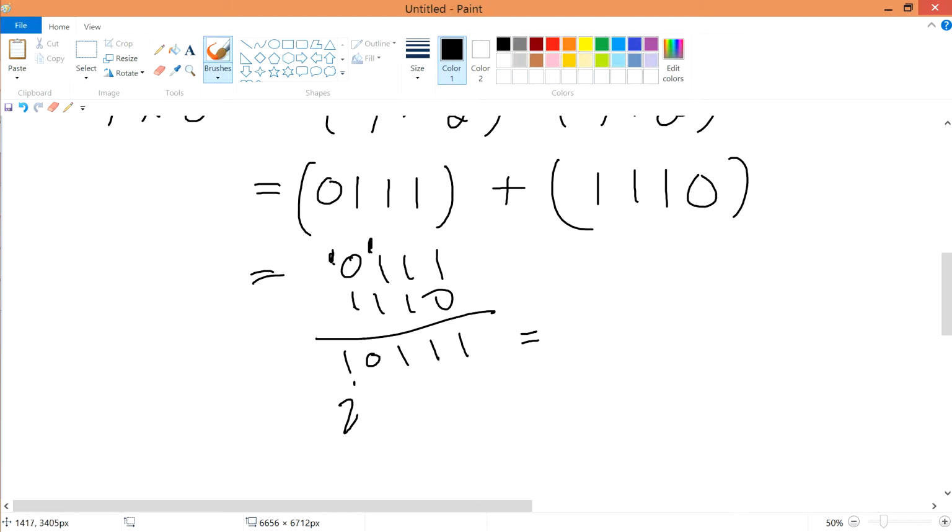So this is 2 to the power of 4, 2 to the power of 3, 2 to the power of 2, 2 to the power of 1, 2 to the power of 0. So 16 plus 8 plus 4 plus 2 plus 1.